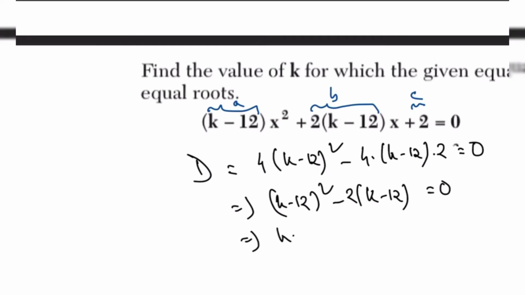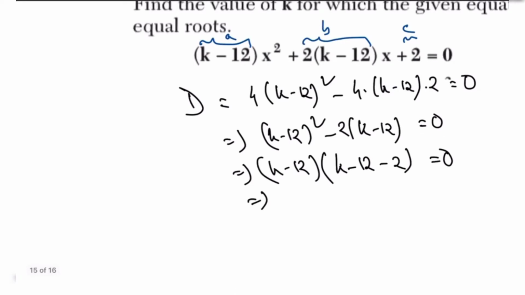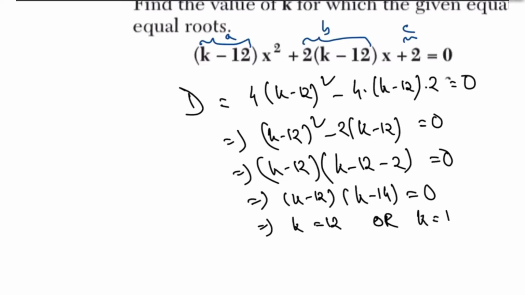Implies if we take k minus 12 common, then we have k minus 12 minus 2 is 0. That gives us k minus 12 times k minus 14 equals 0. That gives us k equals 12 or k equals 14.